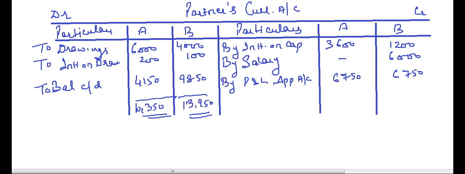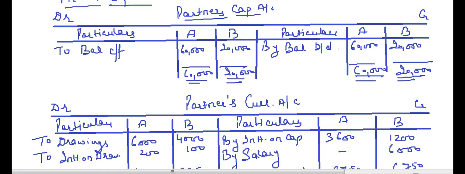So this completes the partners' capital and current accounts under the fixed capital method. Clear? Under the fixed capital method, the capitals will remain fixed. So the balance brought down is 60,000, 20,000, and the same balance we will carry forward for the next period.